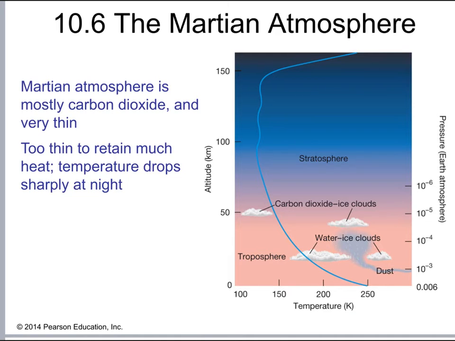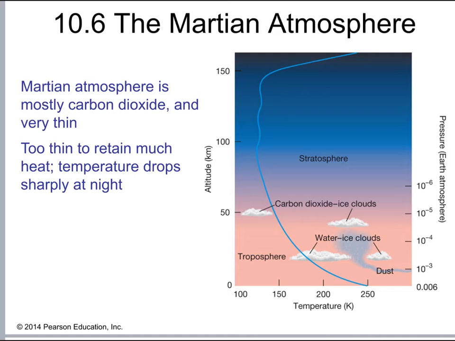Typical room temperature on Earth would be about 290 Kelvin-ish, something like that. And so you can see that the surface of Mars is at 250 Kelvin. That's the average temperature. It does get higher than that, it gets lower than that, but that's sort of the average temperature at the surface of Mars. And we see that Mars is really, really cold.